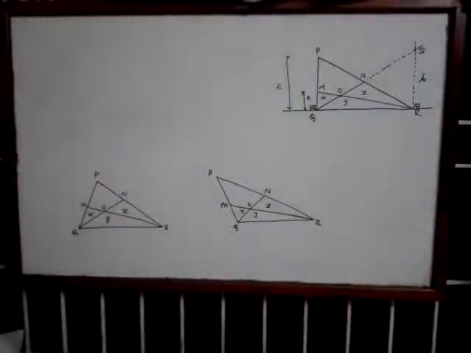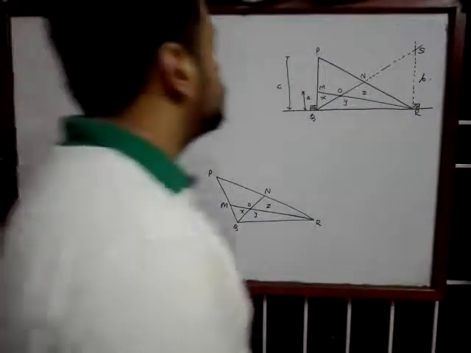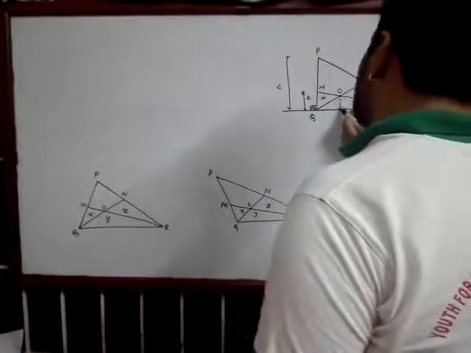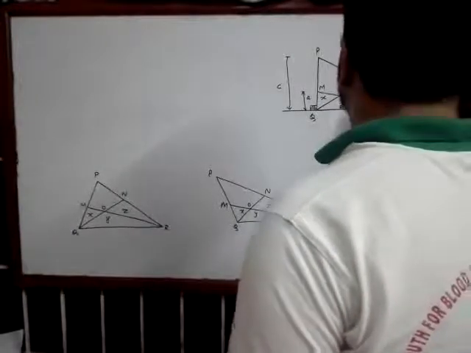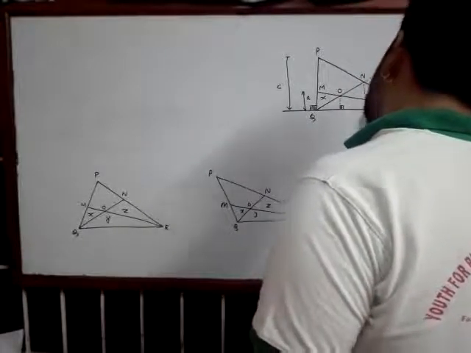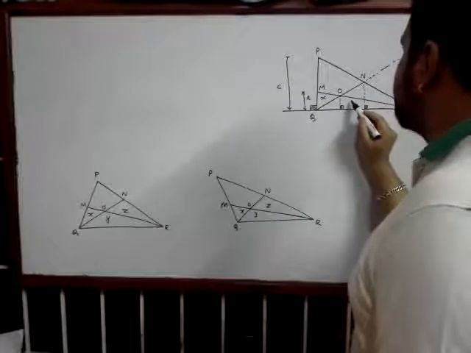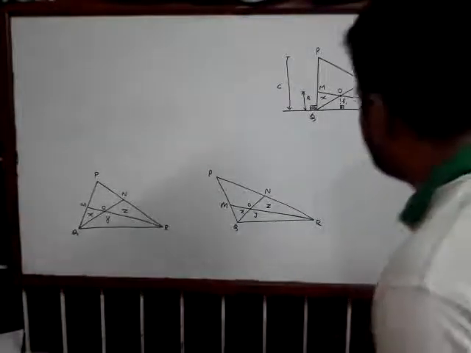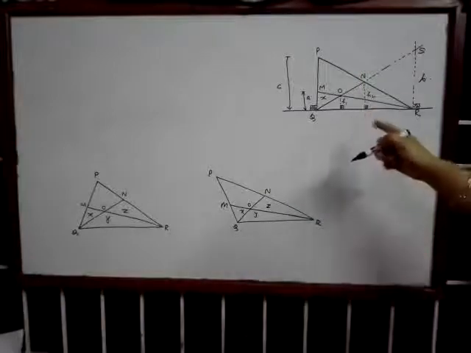Okay, RS is B. So now let's drop two perpendiculars, one from O like this, one from N like this. Let's call them H1 and H2.